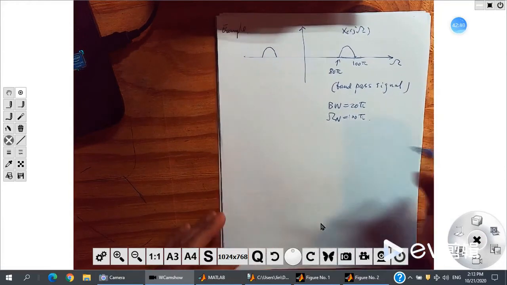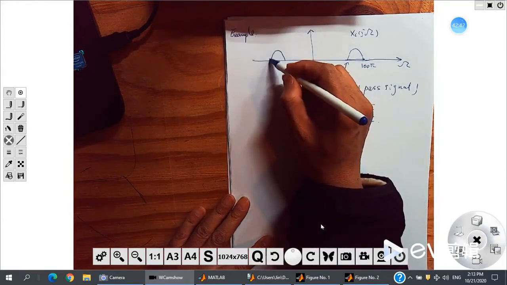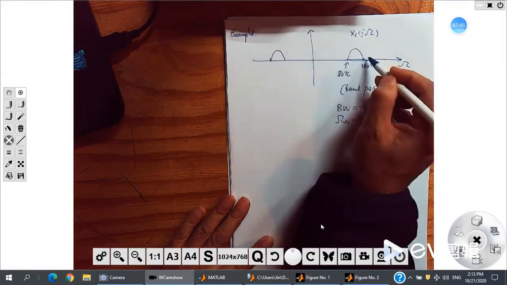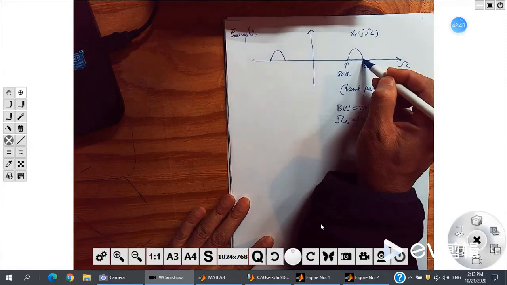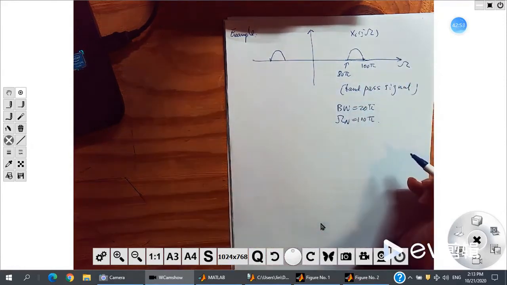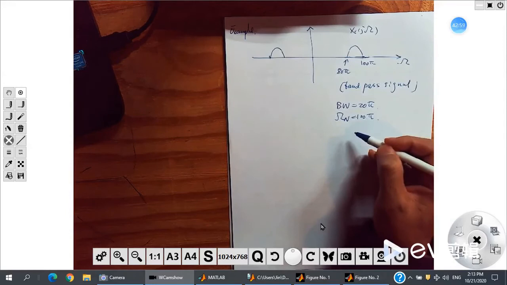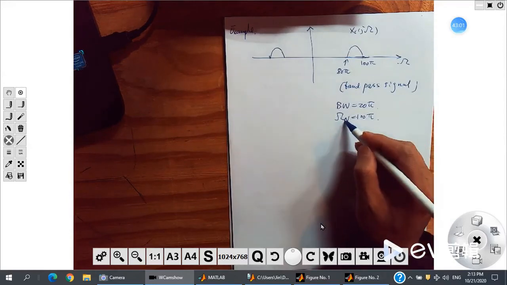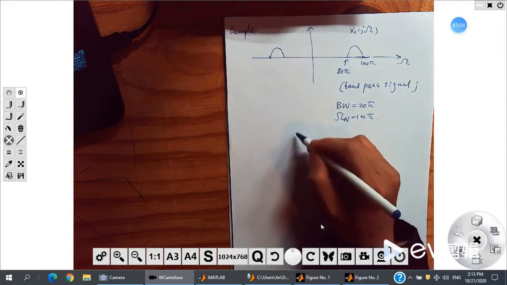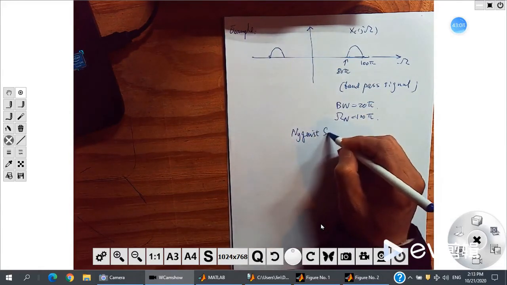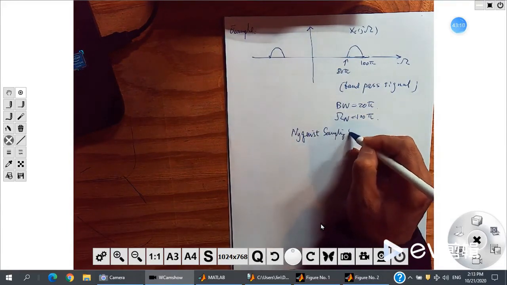Then of course you can also think the signal covers the whole frequency from 0 to 100 pi. After 100 pi, the signal has no frequency component. This part will be 0, and then you can still use this omega n, the Nyquist sampling step.